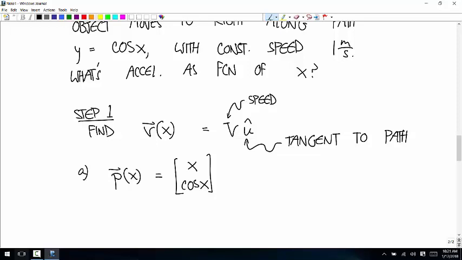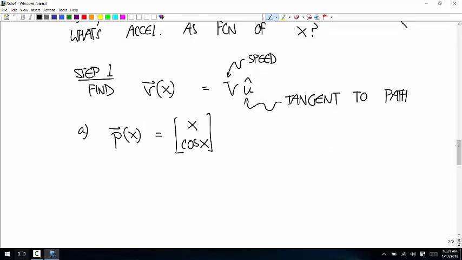The parameter is x. How, from there, do we come up with a vector that's tangent to that path? That's always a good guess, but yeah, if you take the derivative with respect to the parameter, it'll always give you a vector tangent to that path.